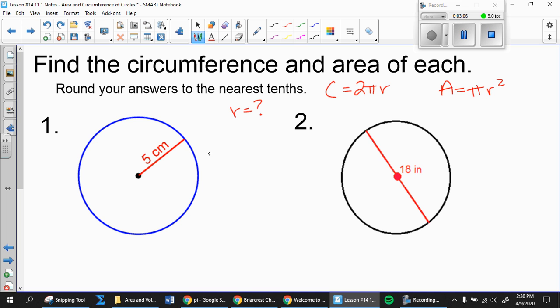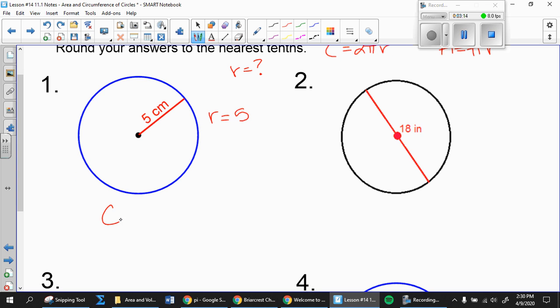If I look at this problem here, radius is 5 centimeters. So to find circumference, 2 times pi times 5 gives me 10 pi. If I type that into my calculator, you should be getting 31.4 because it's asking us to round to the nearest tenth.